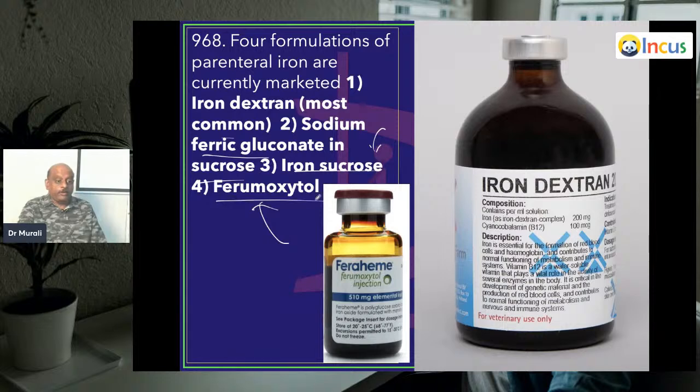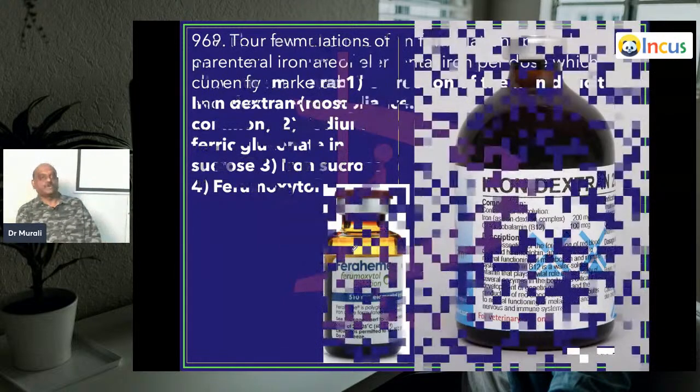Then ferumoxytol, so this is ferumoxytol injection. Other is iron dextran, this is most common. Ferumoxytol is also used. Even iron sucrose and sodium ferric gluconate are also very much in usage.